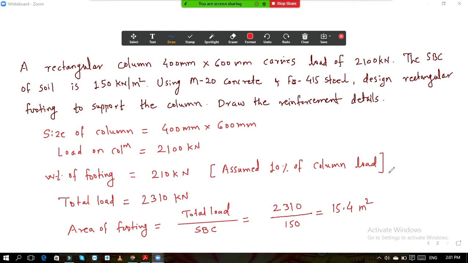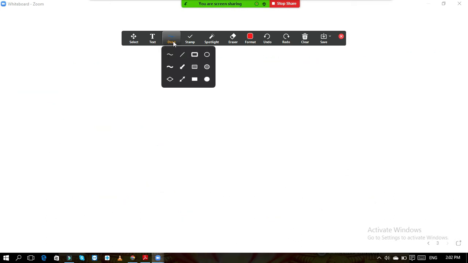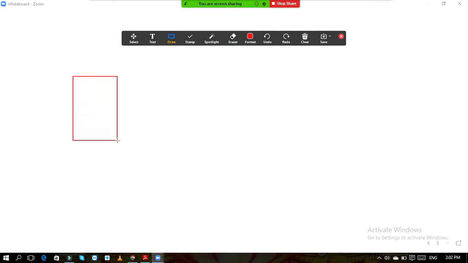It is 400 by 600, or either way you can assume anything, 0.66. So we will assume one side as per our convenience. See, I will draw over here. Now this will be our footing, and inside that footing the column will be there. So for the column, this side is 400 mm, this side is 600 mm.